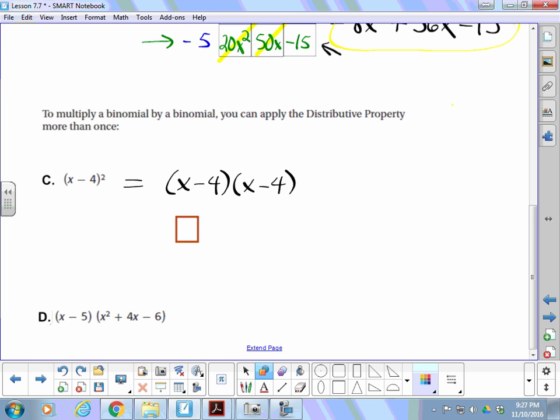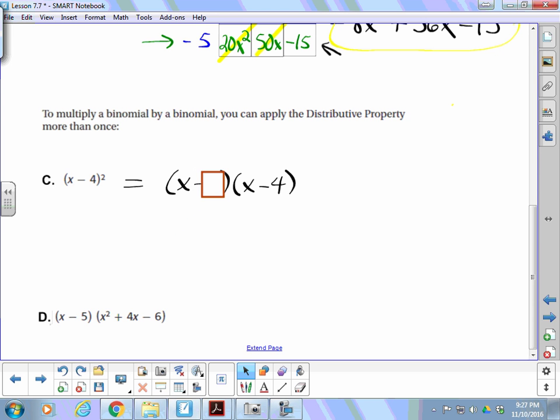Okay, so we're going to use the distributive property twice, which means that we're going to multiply x times x minus 4, and we're going to multiply negative 4 times x minus 4.